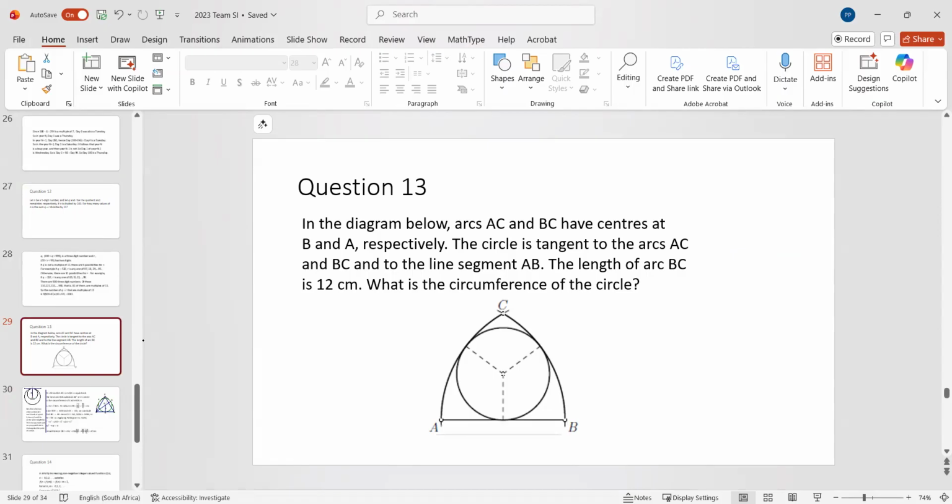Because I got 4.5, and 6 times 4.5 is 27, which is the correct answer. Sorry, I didn't read my question correctly, which is bad. So BC is 12, not 2. So the circumference is 12 times 6, which is 72. Okay, so the answer is 27, which is 6 times 4.5, which is what I had.